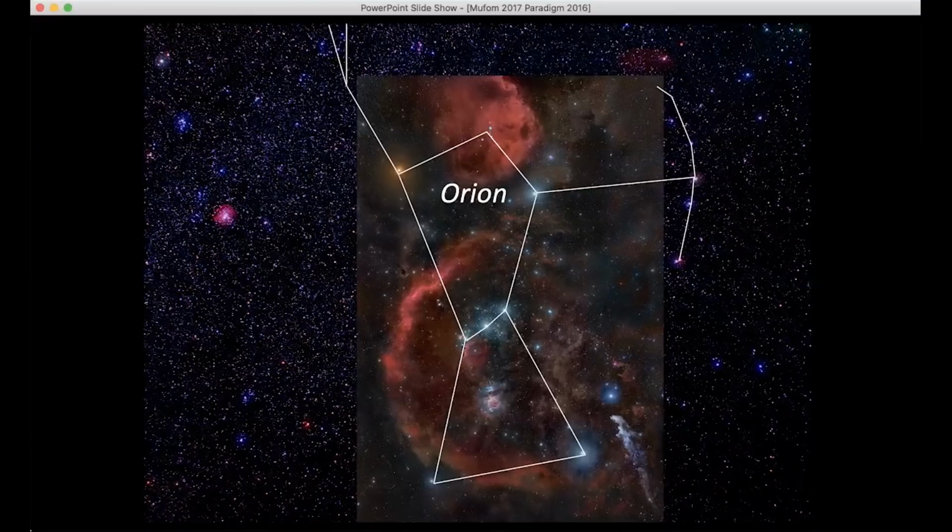Now, asterisms are the imaginary drawings that they created using different stars as just points that they chose to try to depict a story in the sky. What they're doing is telling a story.